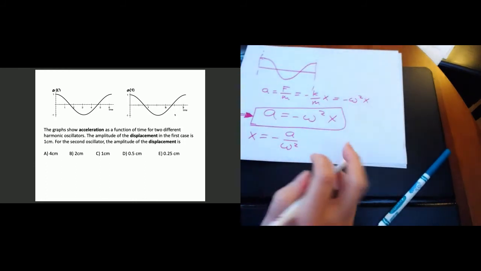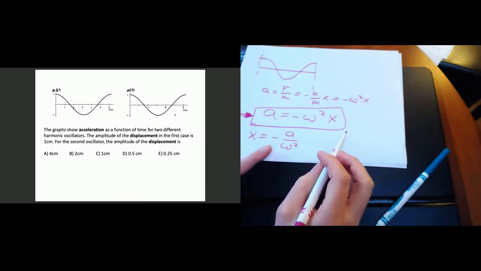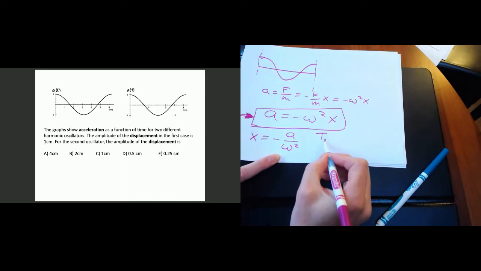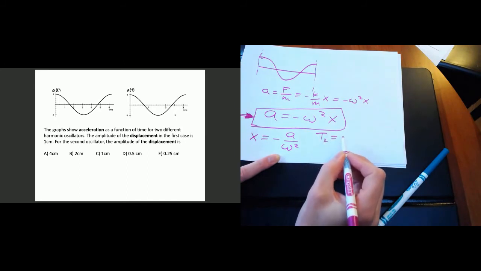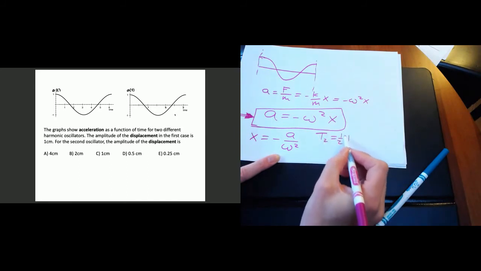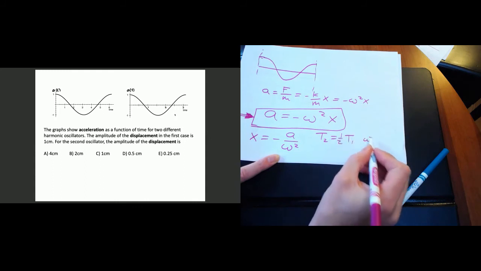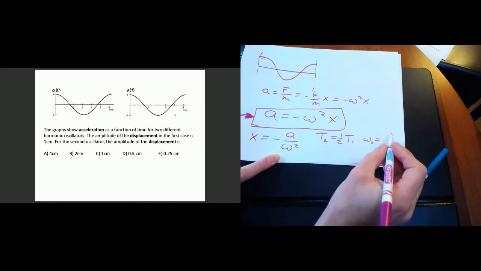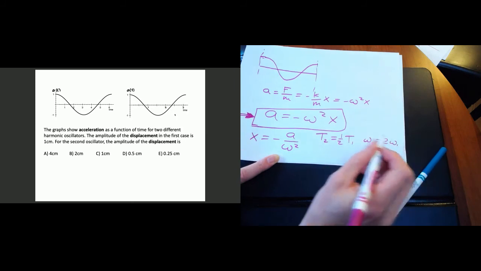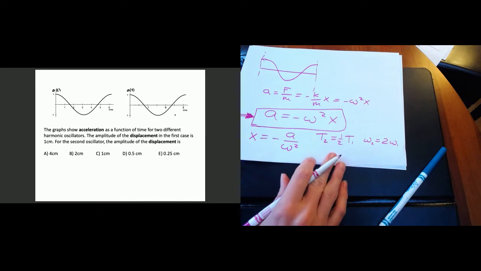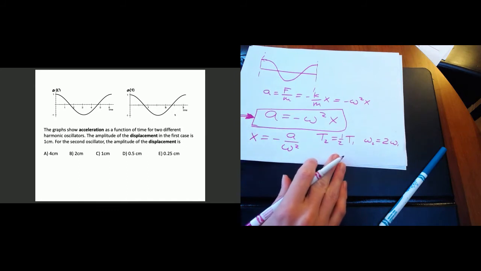And so now comparing these two graphs, for the second oscillator, what we see is that the period is equal to 1/2 of the period of the first oscillator. And so the frequency is going to be, because that's inversely related to the period, double the frequency of the first oscillator.